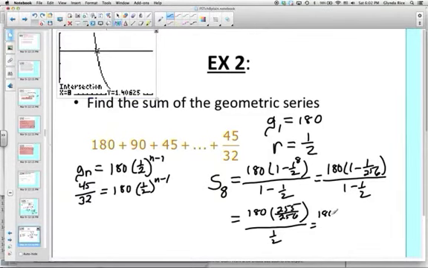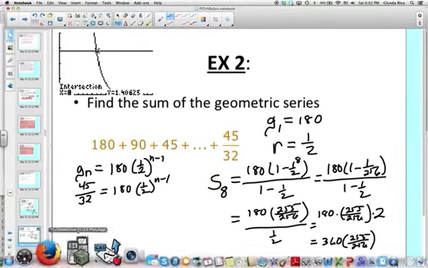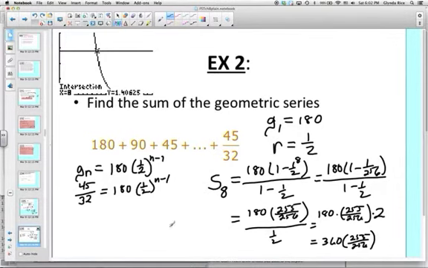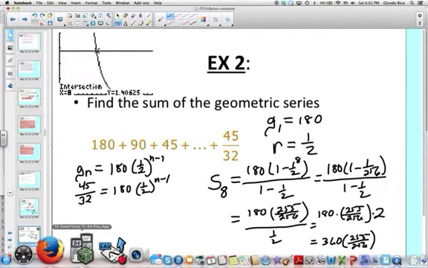So 180 times 255 over 256 times 2 equals 360 times 255 over 256. I immediately know, in case I type something wrong in my calculator, that this number is going to be pretty close to 360, just a tad bit underneath it. Okay, let's plug it in.